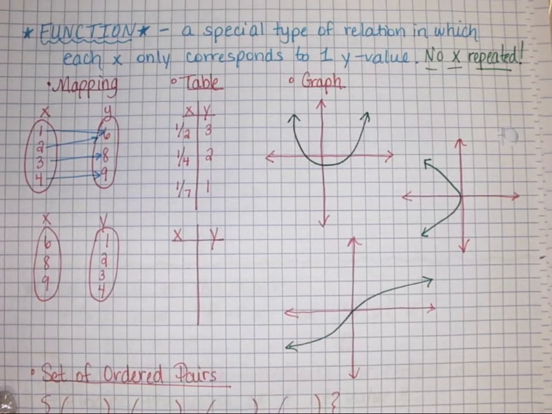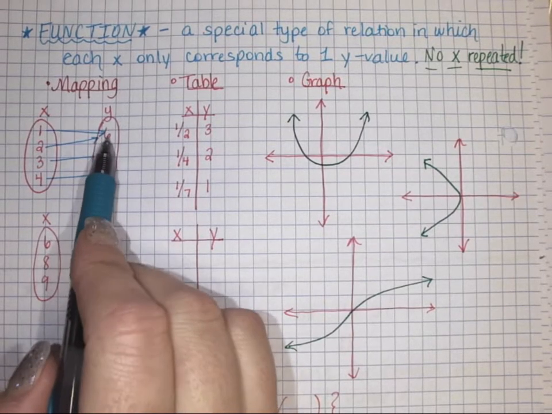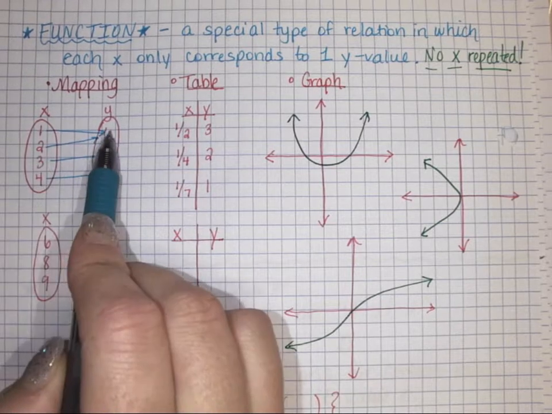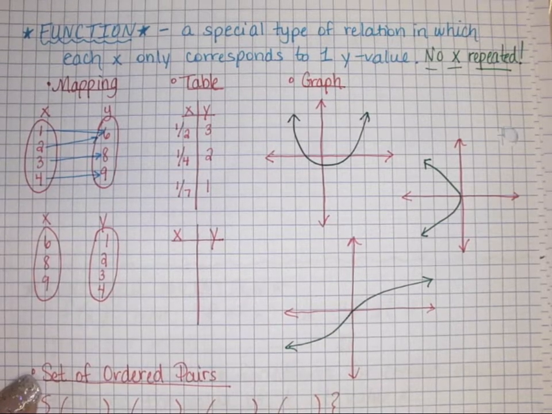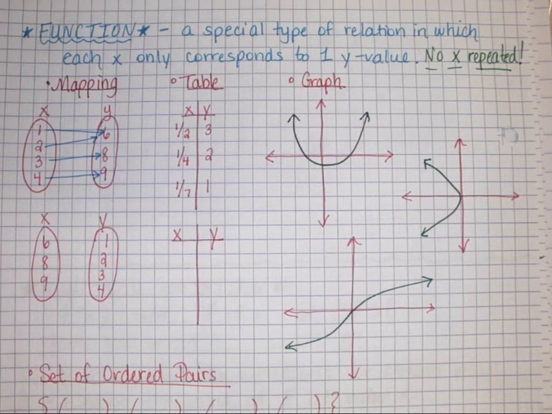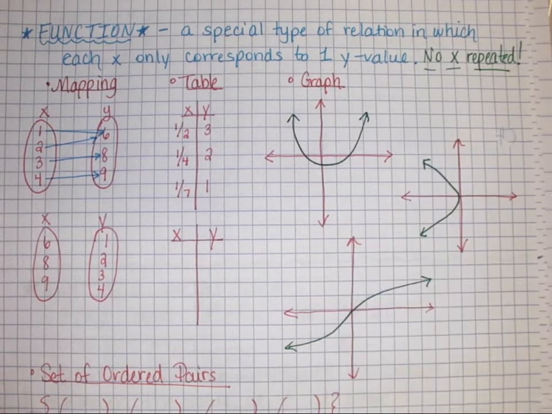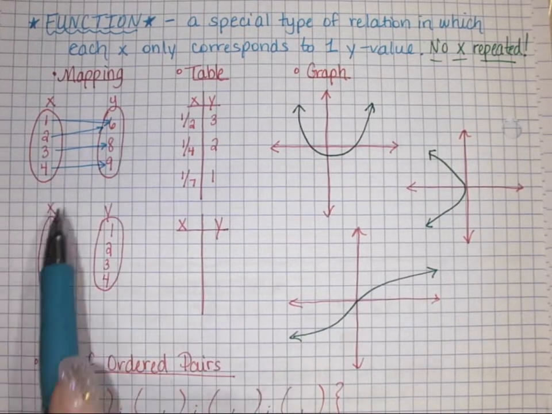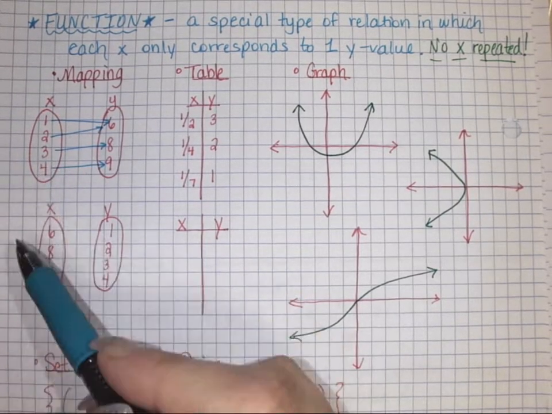Once again, no. Some of you may be confused by the fact that 6 has an x corresponding of 1 and an x corresponding of 2. You can have a y value repeated. In order for it to be a function, however, no x repeated. So 1 is only paired with one of these y's, and so forth.